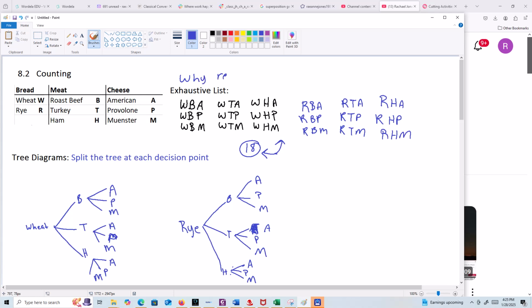Why return to that when we can just go 2 times 3 times 3? And the reason is because of probability. Sometimes we need to determine how many of the possible events could occur, and so you need the exhaustive list to know how many that could be.